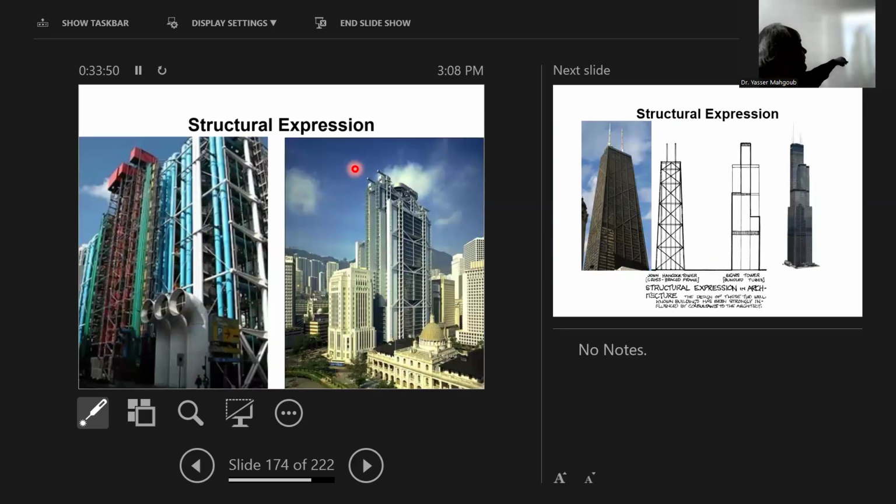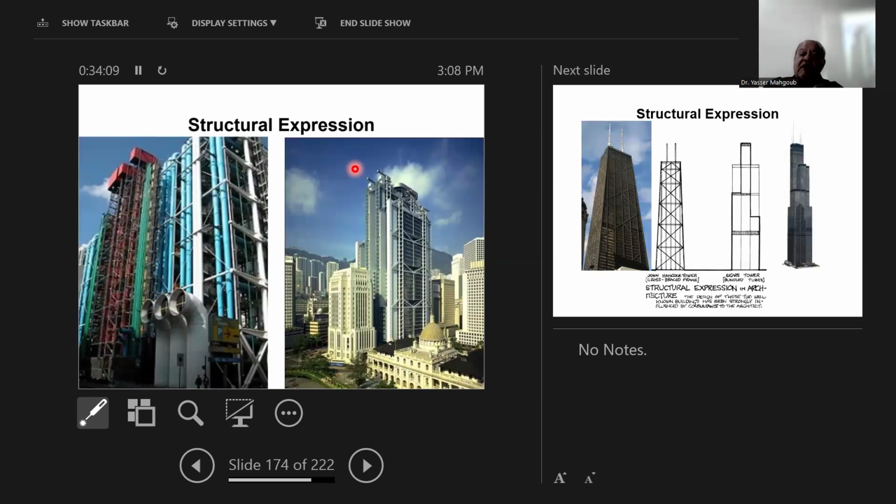And the Centre Pompidou, where they expressed the technical systems in the elevation.